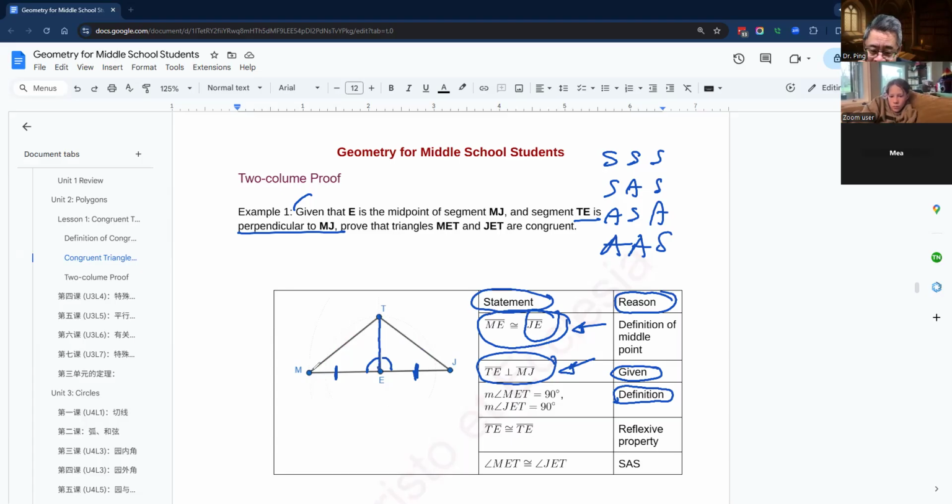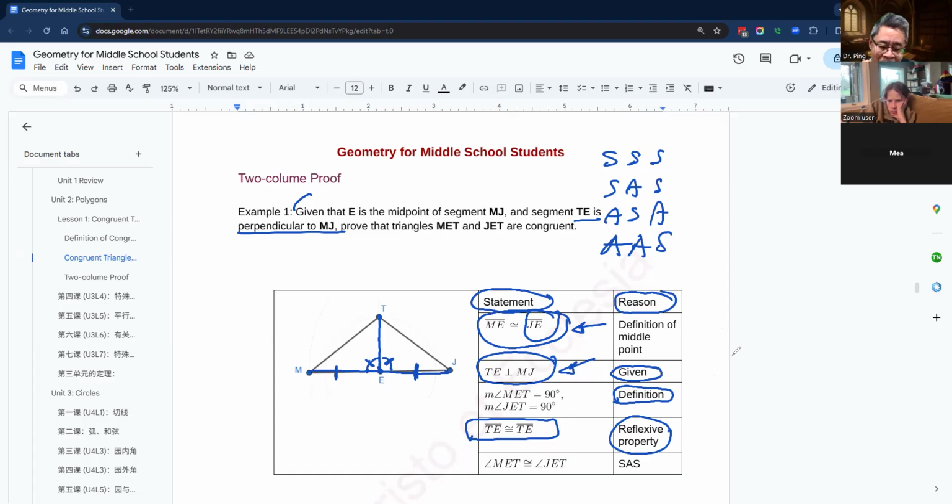So therefore, this angle and this angle are congruent. And TE is congruent to itself. This is called the reflexive property. Reflexive property just means something is equal to itself, okay?